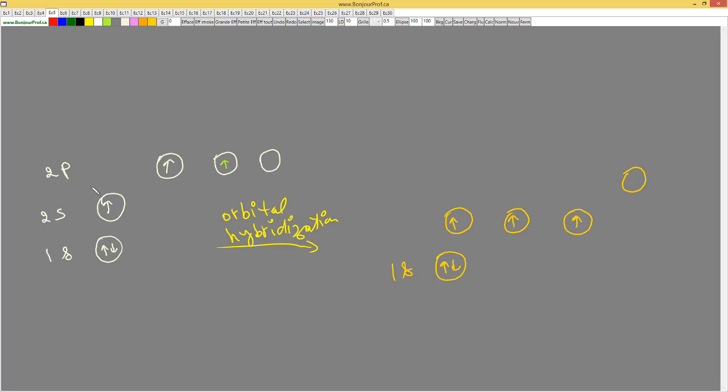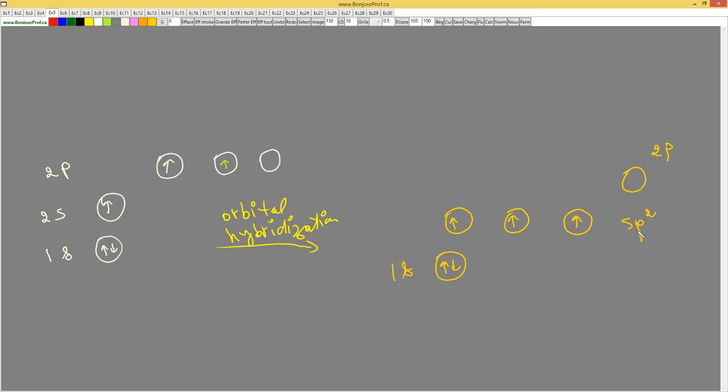These 3 here, they will mix, and you will have what we call sp2. And this one is a p. It will stay a 2p. I have 1 orbital 2p, and I have 3 sp2.